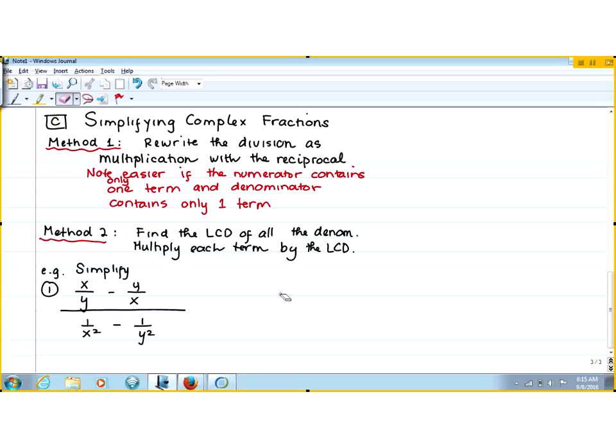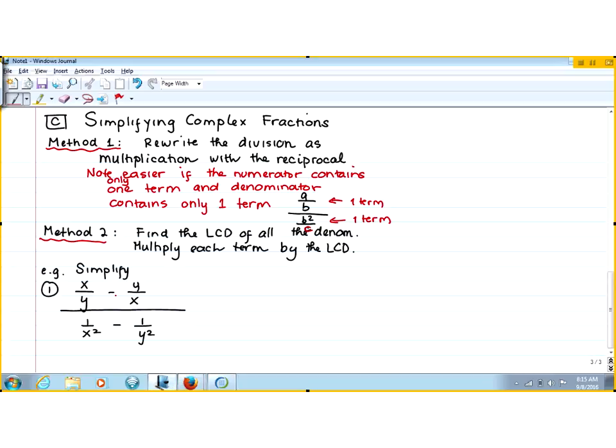So maybe I'll write an example here: a over b divided by b squared over c. This is one term, and this is one term. So for this problem, it is easier if we use method 1.